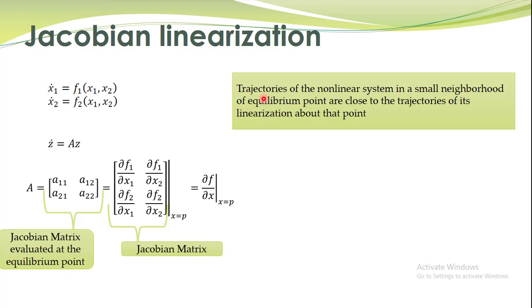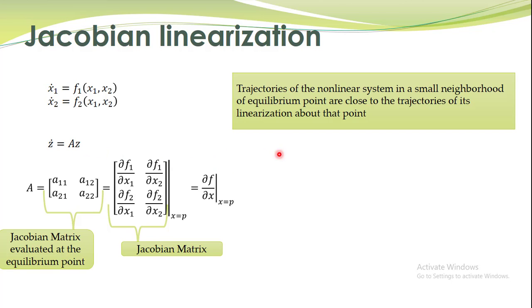So that statement is written over here. Trajectories of nonlinear system in a small neighborhood of equilibrium point are close to the trajectories of its linearization about that point. So whatever are the trajectories of this system near the equilibrium point, the trajectories of this system near that equilibrium point will be approximately the same.